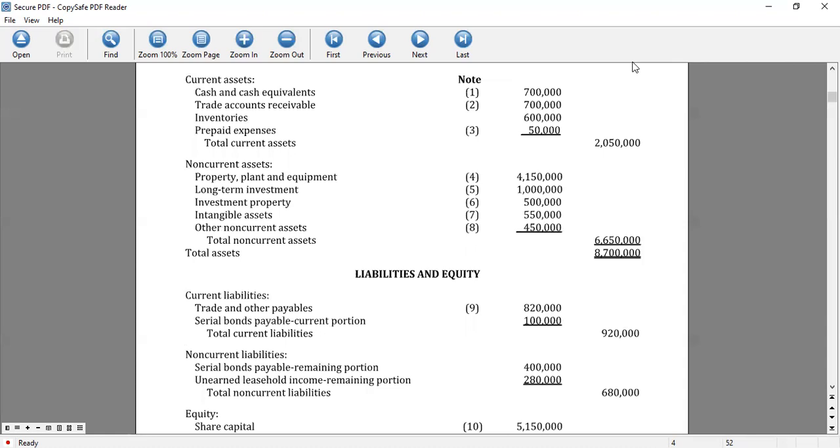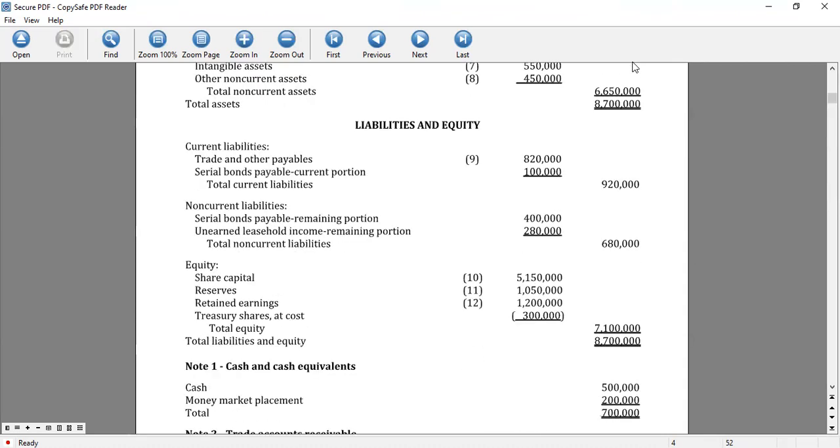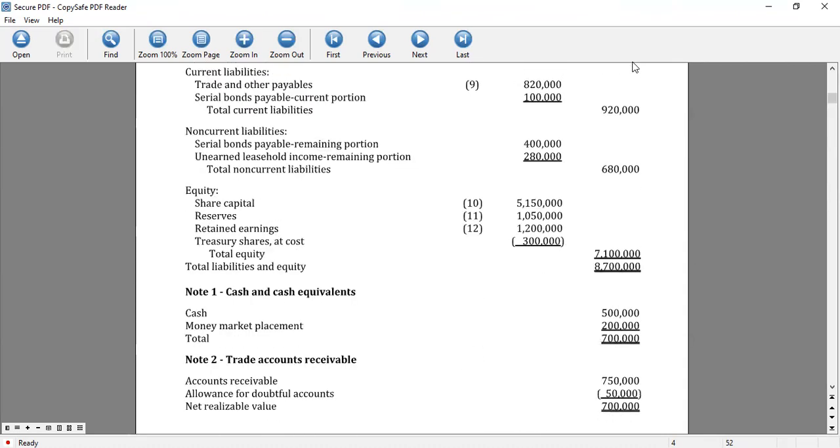Next, we have trade accounts receivable as provided in note number 2. The accounts receivable of 750,000 is the gross.